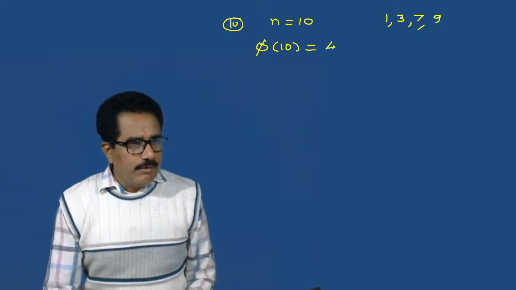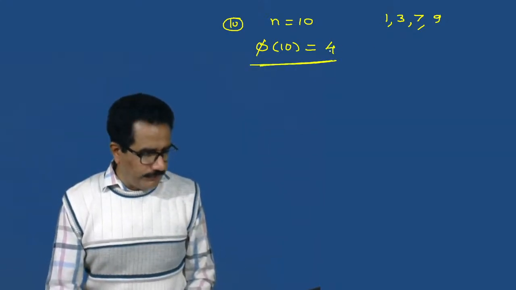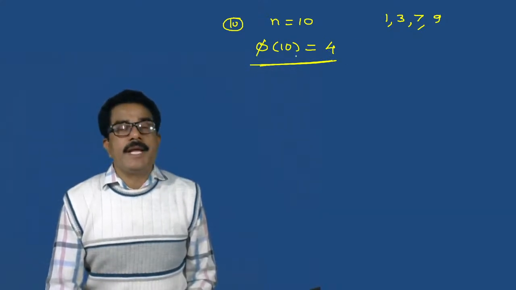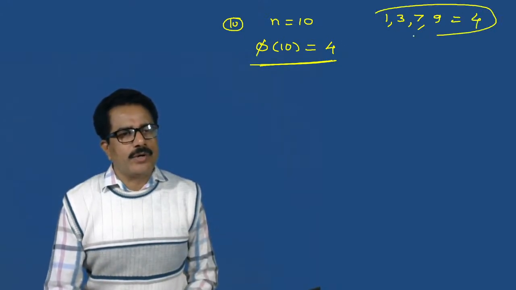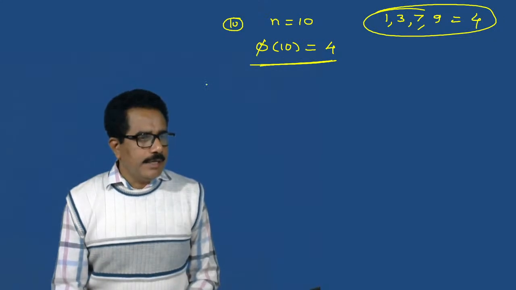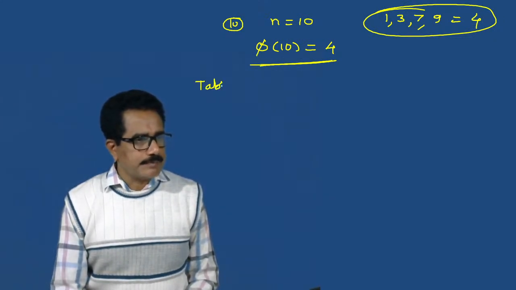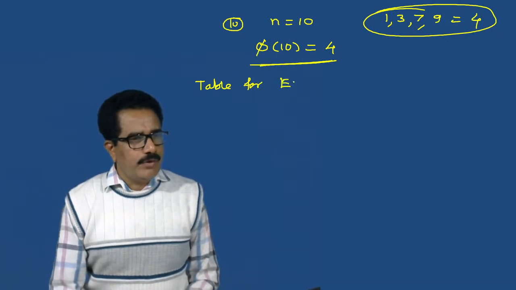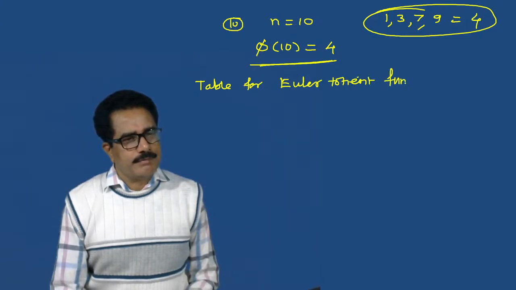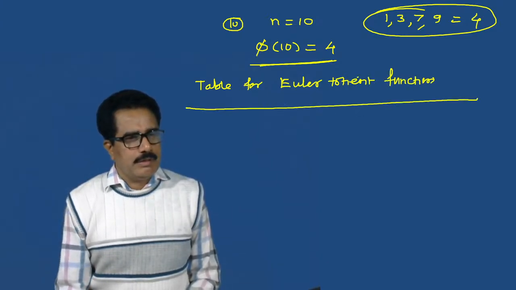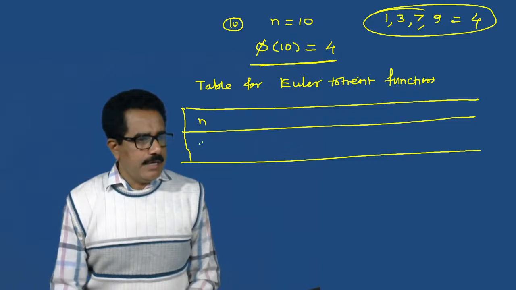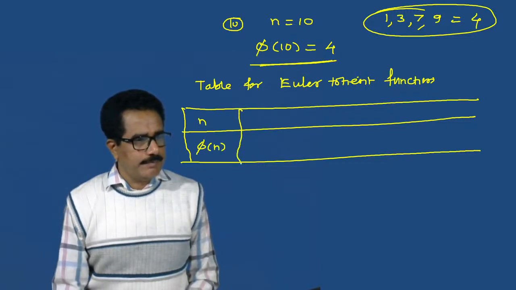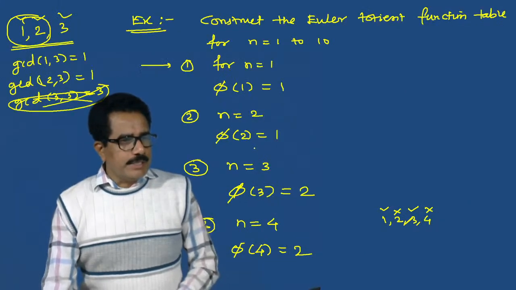So phi of 10 is equal to 4. In this way we obtain the relatively prime numbers. How many numbers are there? These are the 4 numbers. So therefore the table for the Euler Totient function: n, phi of n. See now how much it is.